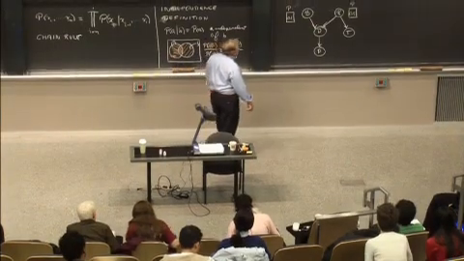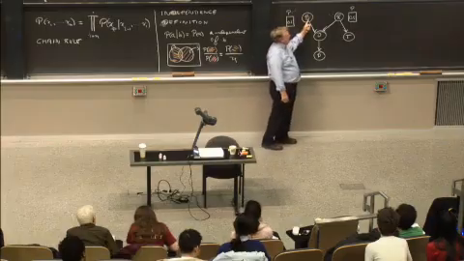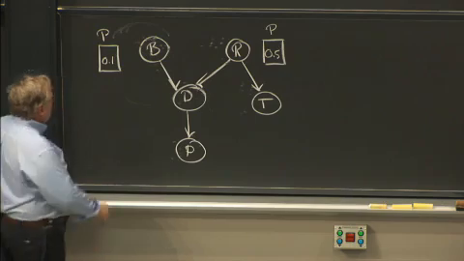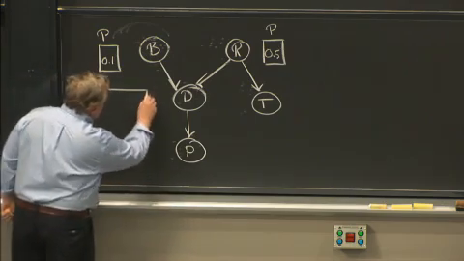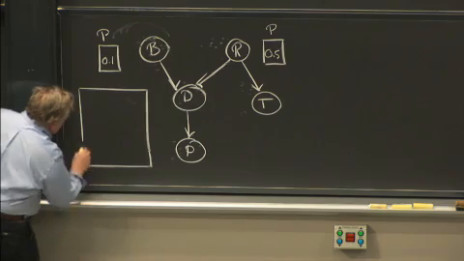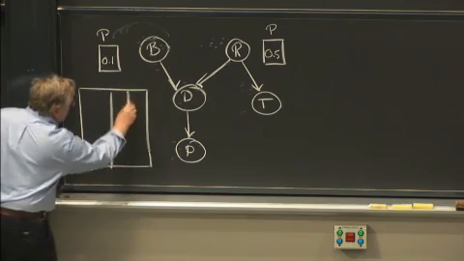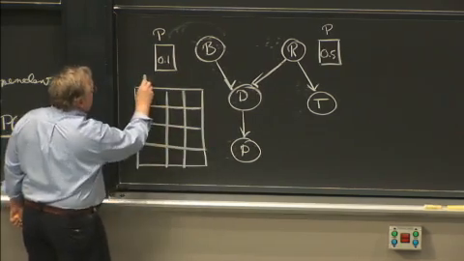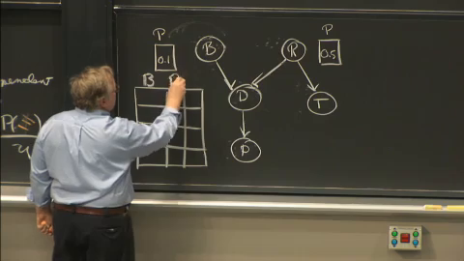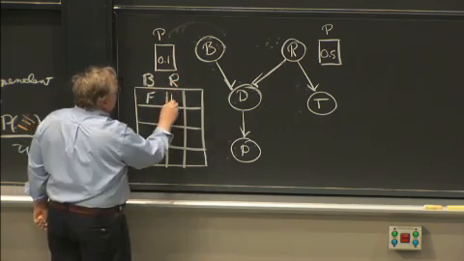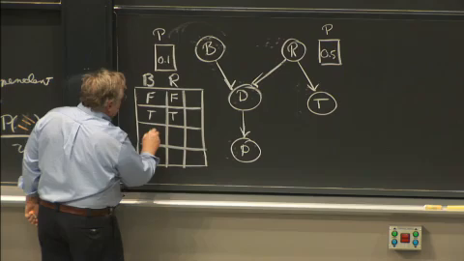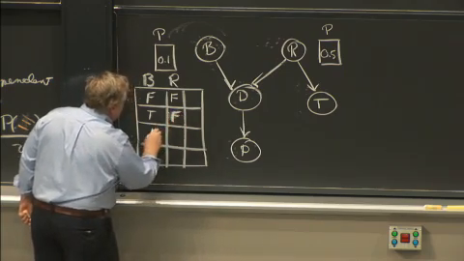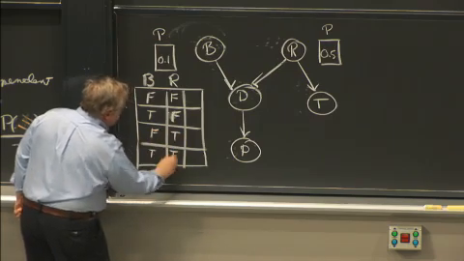So what about the dog barking? That depends on whether there's a burglar, and the other parent is whether there's a raccoon. So we need to keep track of the probability that the dog will bark for all 4 combinations. So this will be the burglar, and this will be the raccoon, and this will be false, false, true, true, false, false, true, false, false, true, true, true.